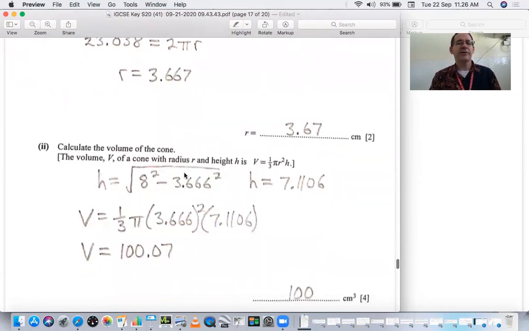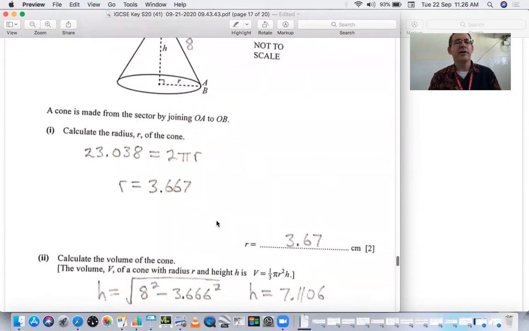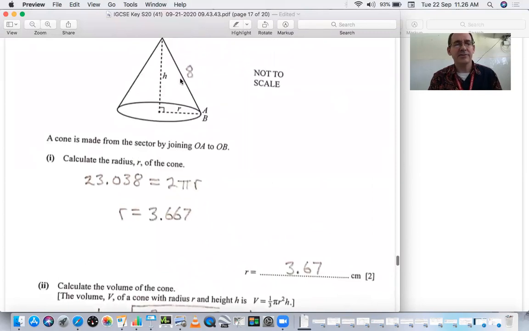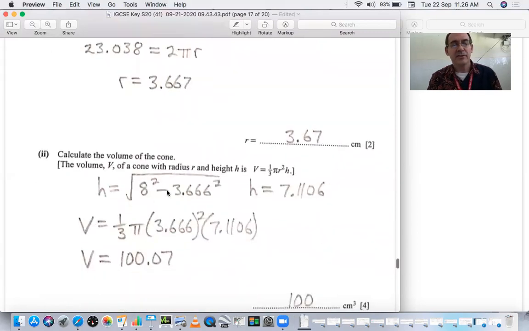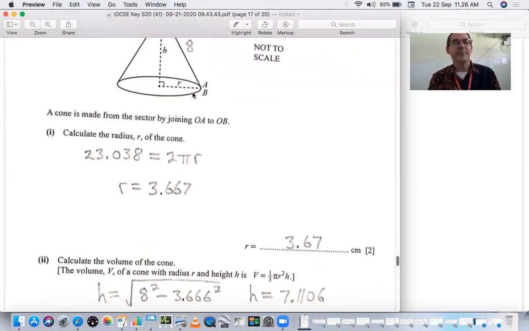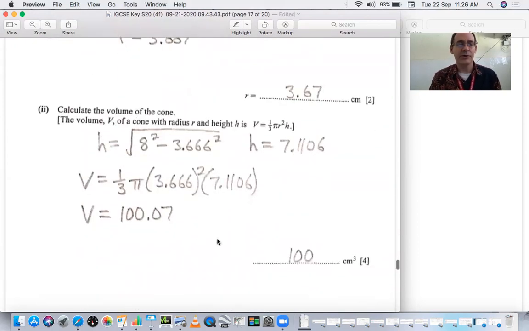Part II, calculate the volume of the cone. Well, we need to find the height, so 8 squared minus the 3.67 squared. I did 3.666 to get more significant figures. So the 8 squared minus the r squared gives the h squared, and the height comes out to 7.1106.